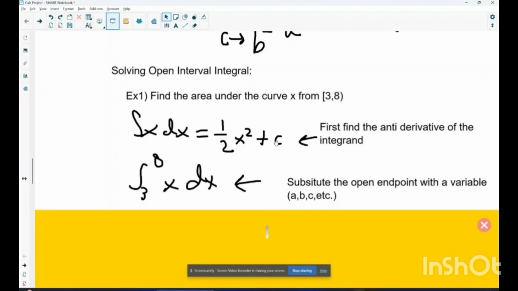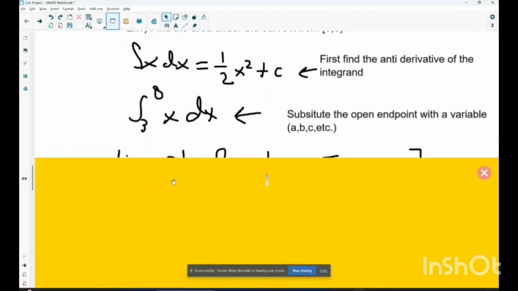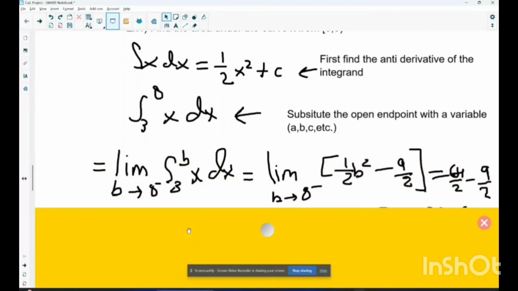So first, you find the antiderivative of the integrand. Then you just substitute the endpoints of the limit of integration. Then you take the limit, plug in b for a. Since it's on the open interval, we're only concerned as we approach it from the left.